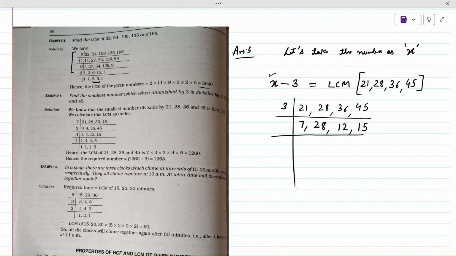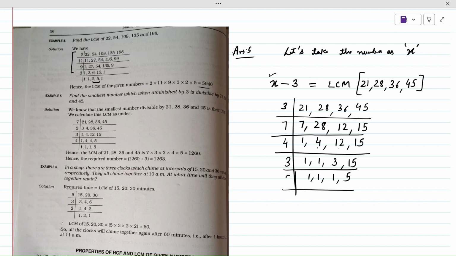Next, I can take 7, 7 into 4, 12 as is, 15 as is. Next, I can take 4 because 4 and 12 both are divisible by this 4. Then 3 here and 15 here. Next, I can take 3, 1, 1, 1 and 5. And again, I am taking 5 here, 1, 1, 1 and 1.